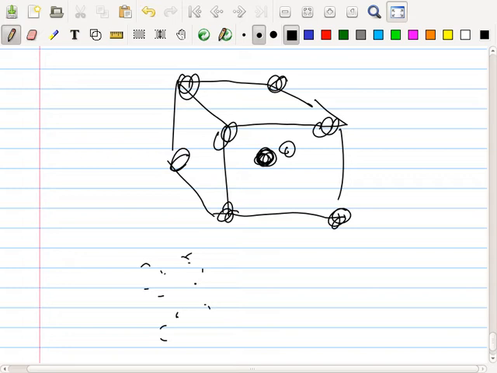Next page, please. So, before the discovery that enabled the arrangements of atoms in a crystal to be determined experimentally, crystallographers had simply assumed that the regular external shapes of crystals were due to the atoms being arranged in regular repeating patterns.